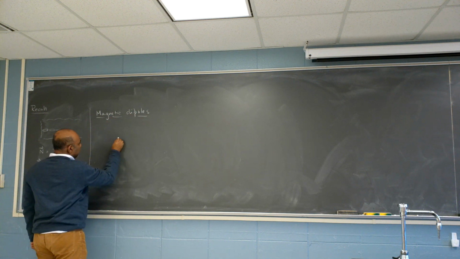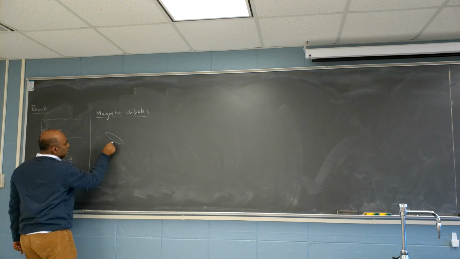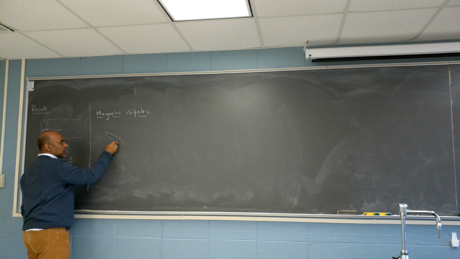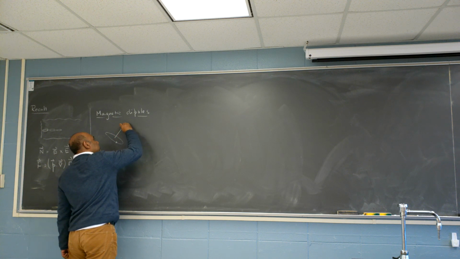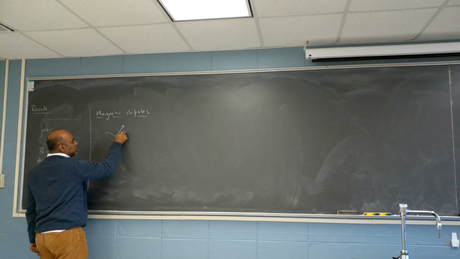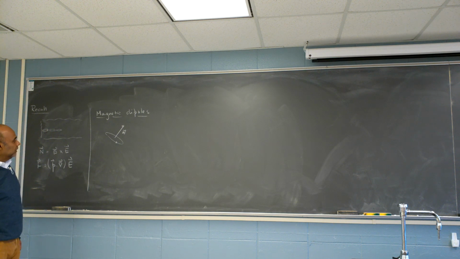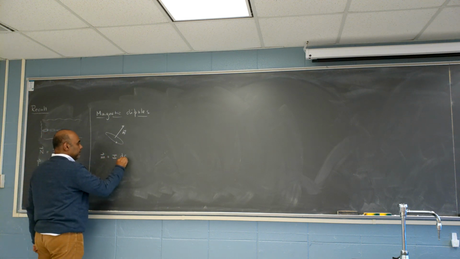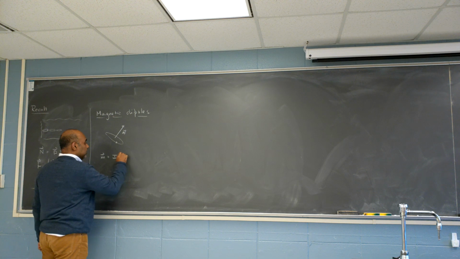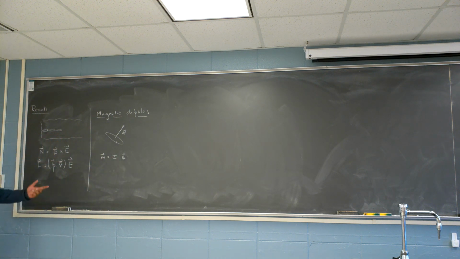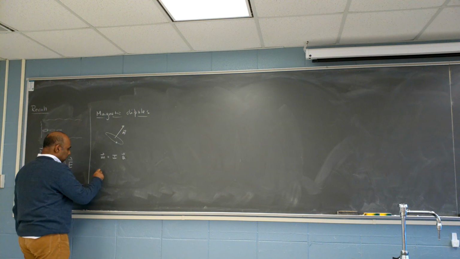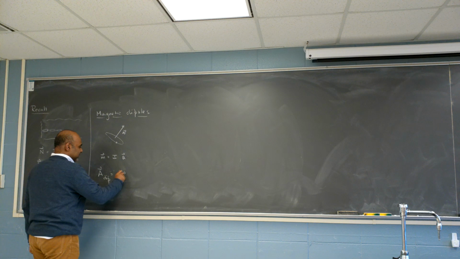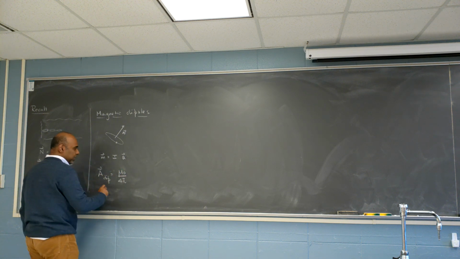So a magnetic dipole, let me do it this way just to be interesting, is described by, instead of P, it is m. So it is this vector, I times A. We talked about the area vector. And we also talked about the dipole potential. Gosh, one of you please check.